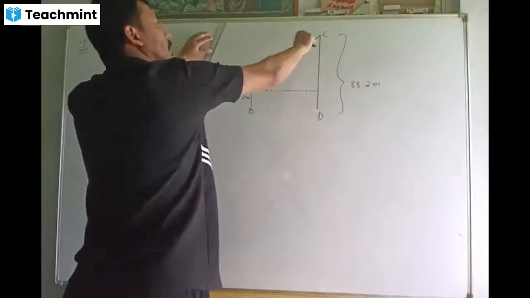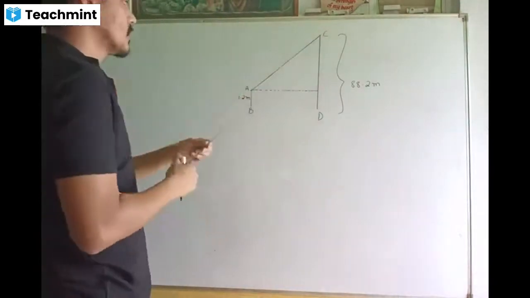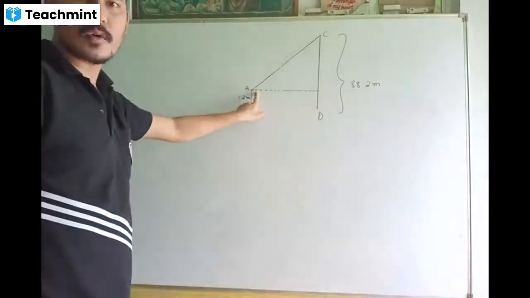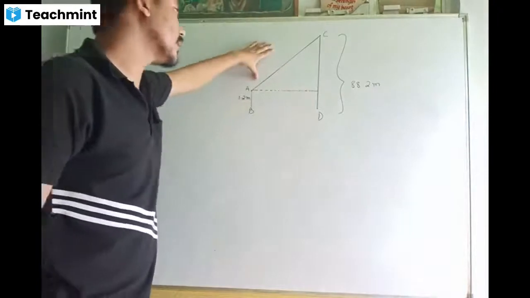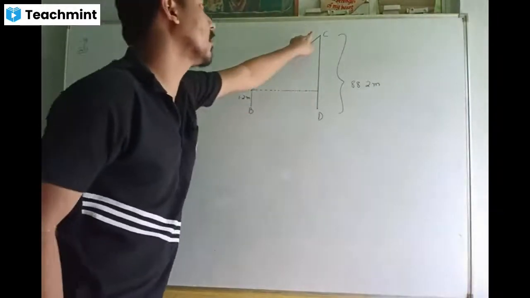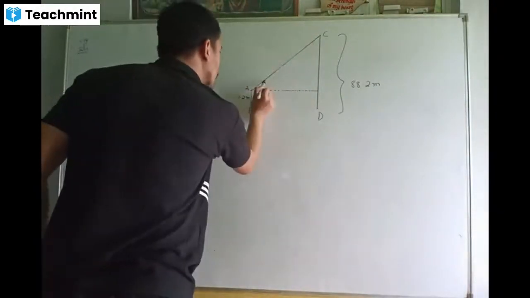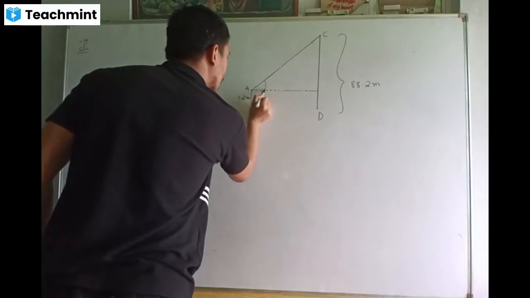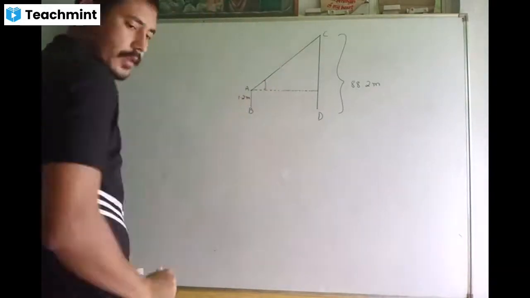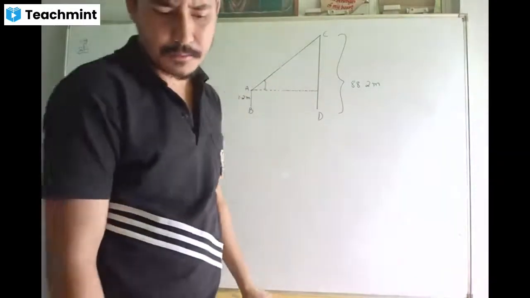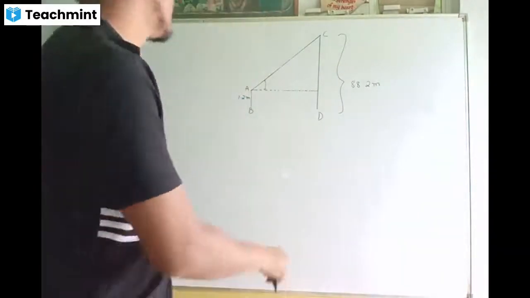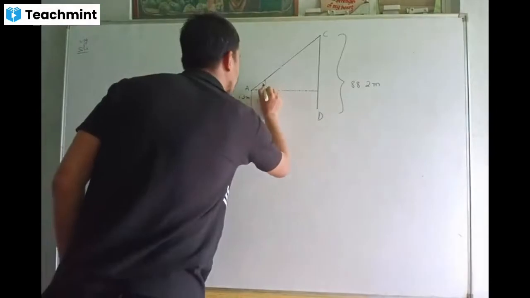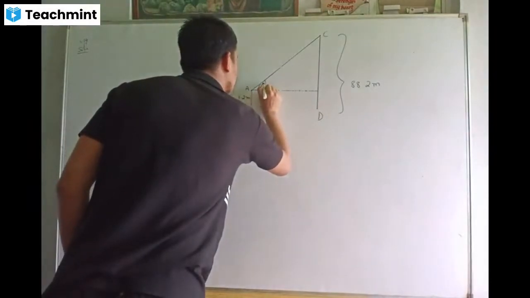The girl looks up at the balloon. So from the eye of the observer, you always draw a straight line, the horizontal line, and you draw another line connecting the observer's eye and the object, the line of sight. The angle between them is the angle of elevation. So in this case, the angle of elevation is given to be 60 degrees.